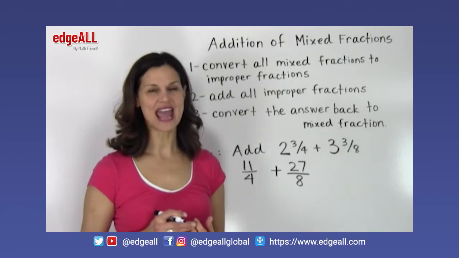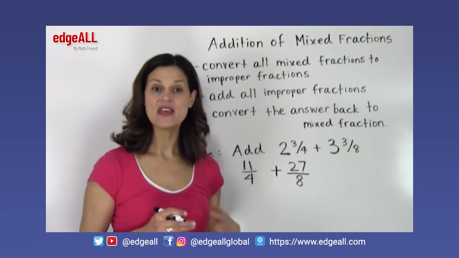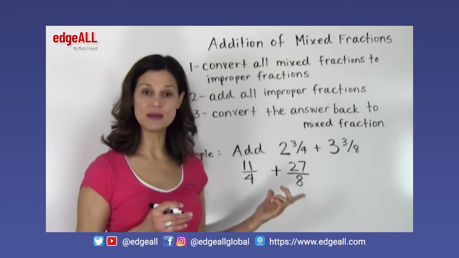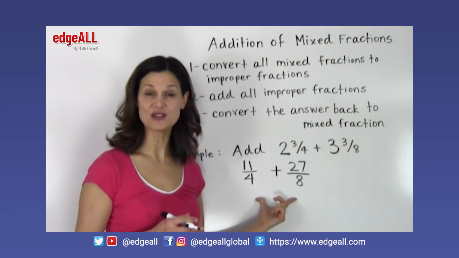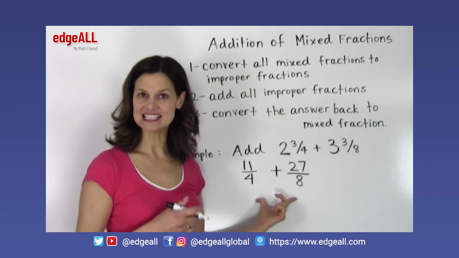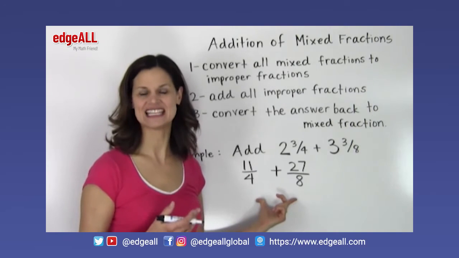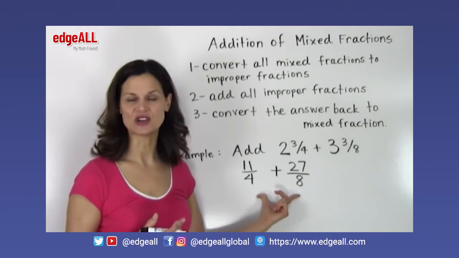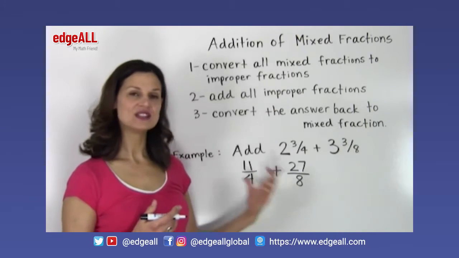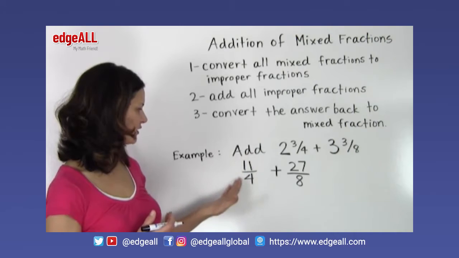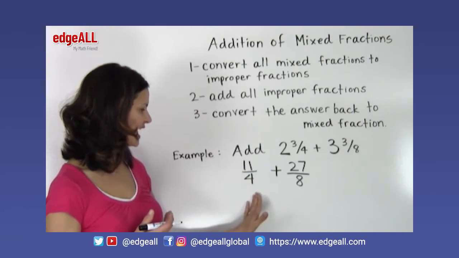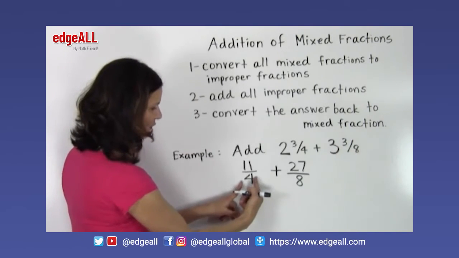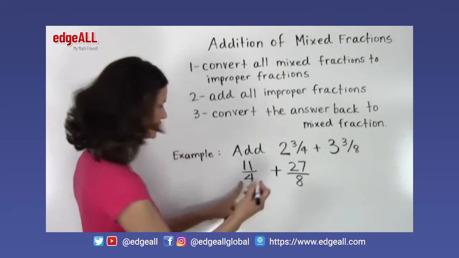And so in order to add two fractions together that have unlike denominators, we need to take the least common multiple of our denominators, 4 and 8, and the least common multiple of 4 and 8 is 8. And so we want to make both of these denominators equal to 8. So I need to do a little bit of converting on this fraction in order to make its denominator 8. Well, in order to make 4 into 8, I need to multiply it by 2.